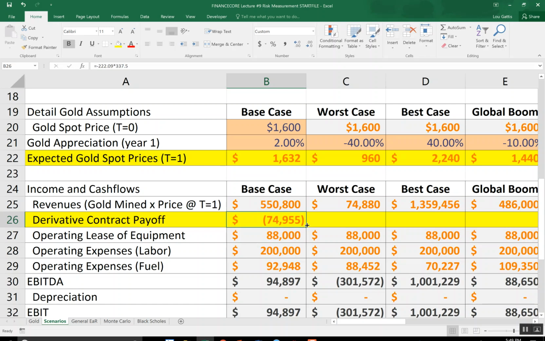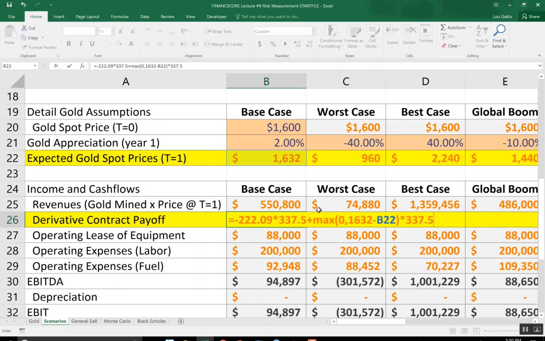So Todd's going to pay $74,955 today. But in the future, Todd's either going to get, we'll just say max, we're either going to get 0 or $16.32, pretending it's cash settlement just for ease, minus the spot price times the negotiated quantity of 337.5.